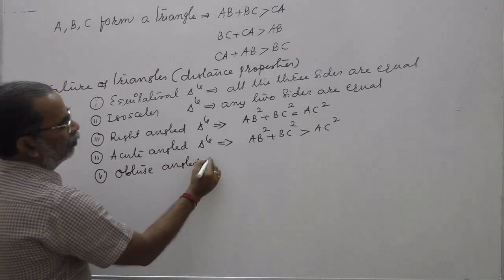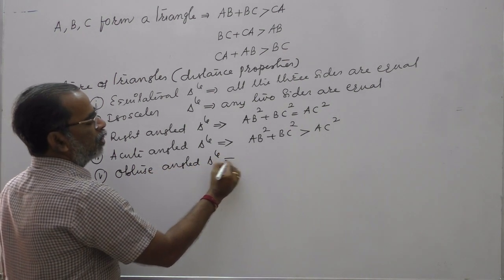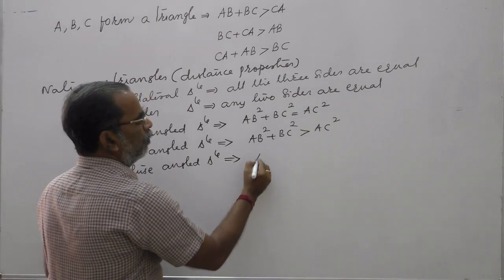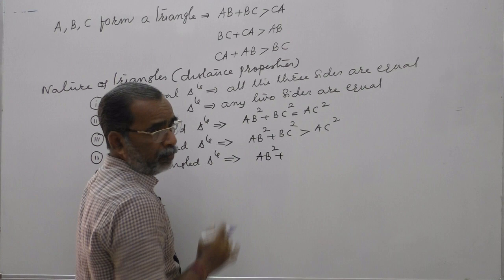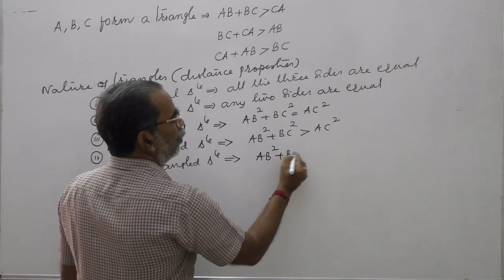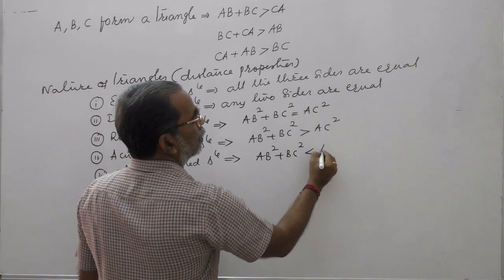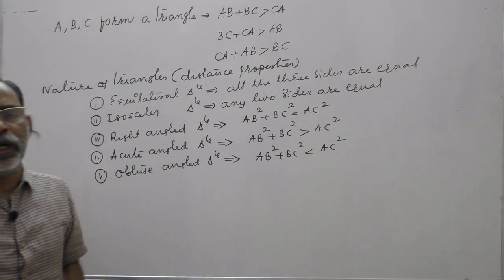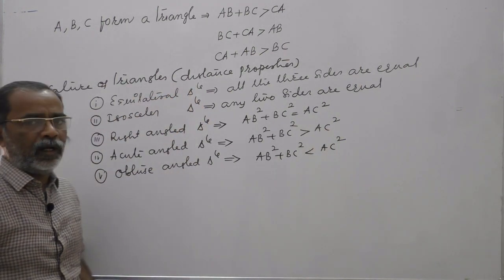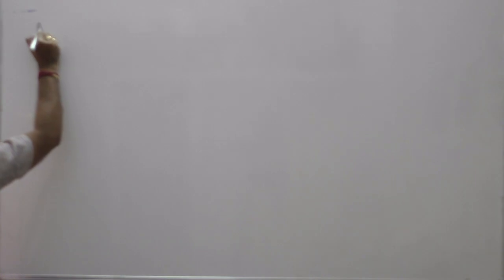A triangle is an obtuse angle triangle if the sum of squares of any two sides, not only AB, BC, any two, is less than the square of the third side, then it is called an obtuse angled triangle. Yes. Next we will see the nature of quadrilaterals.